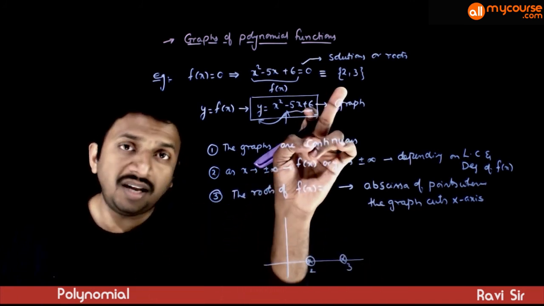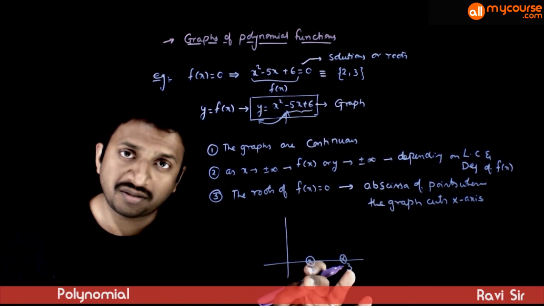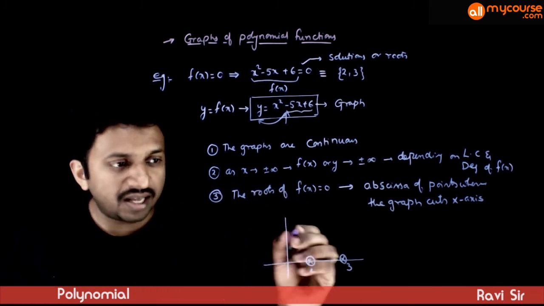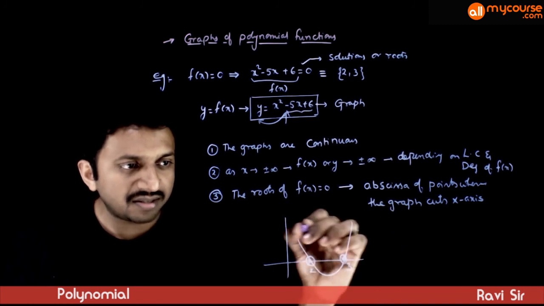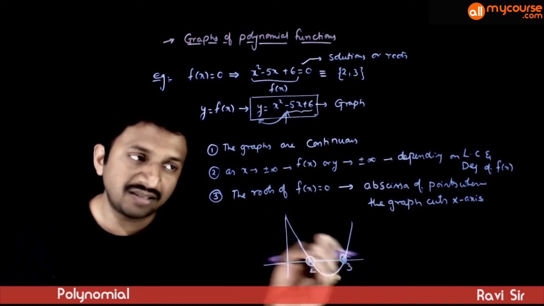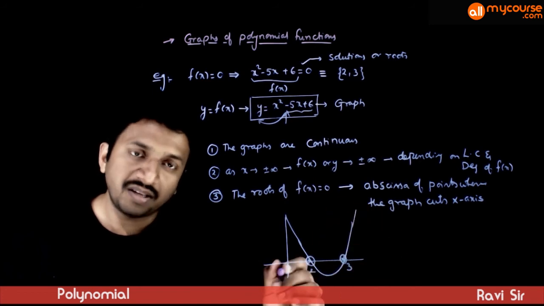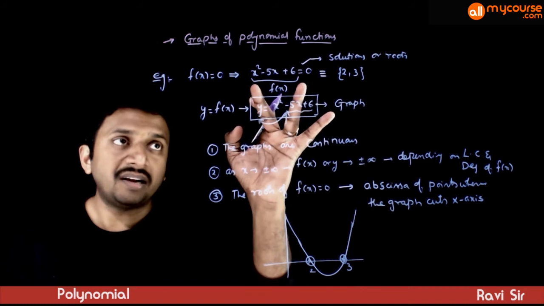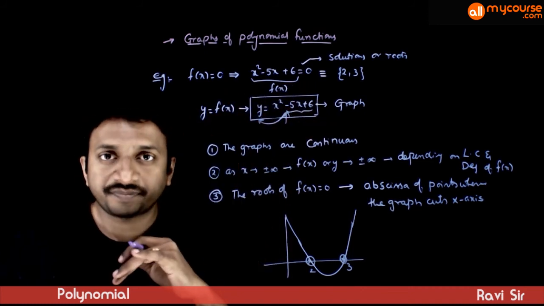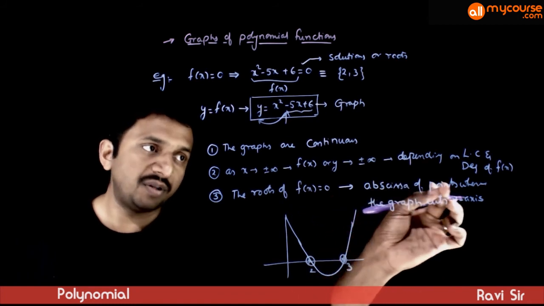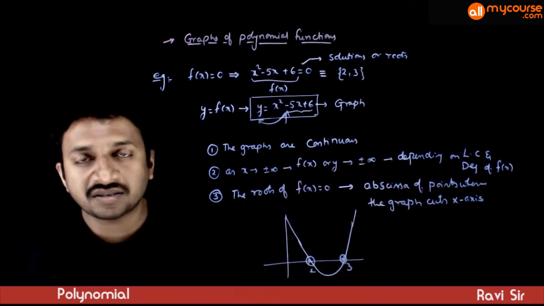So 2 and 3 will be the abscissa of the points where this graph meets the x-axis. So the graph will look something like this. The graph goes to plus infinity as x tends to minus infinity as well as plus infinity. And they meet the x-axis at the points which are roots of this equation. So the roots of f of x is equal to 0 are abscissa of the points where the graph cuts the x-axis.